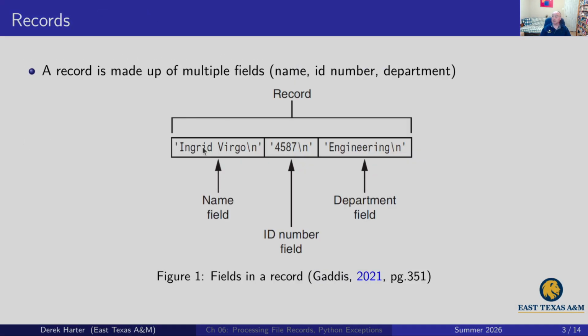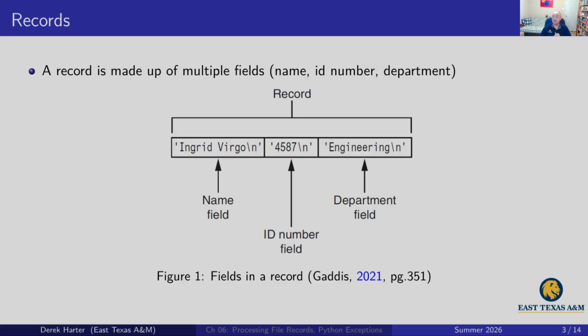So to be a little bit more concrete and visual, we think of a record as something like this. If we're trying to create some application of employee information, a record might contain three fields: the name of the employee, their ID number, and the department that they're in. Okay, so that's basically what we mean by a field. Since we're still using a text file and line-oriented processing, each record in our files is going to be stored as three lines.